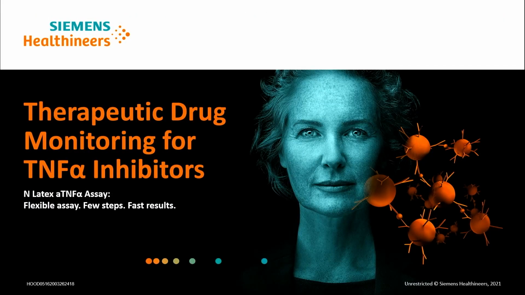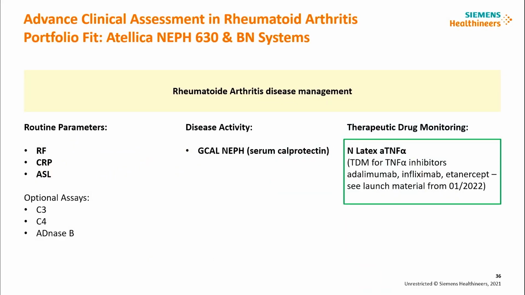Now the TNF-alpha inhibitor assay. As you know, the role of the lab in rheumatoid arthritis diagnosis uses rheumatoid factor, CRP, ESR, and optional assays like C3, C4, and others. But there is another tool to assess the progression of the disease and how the patient is responding to treatment.